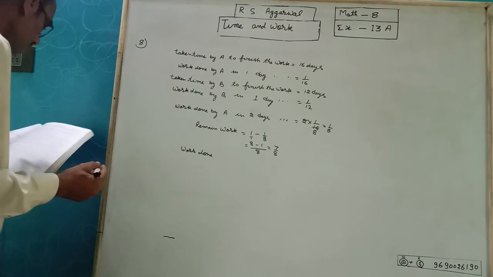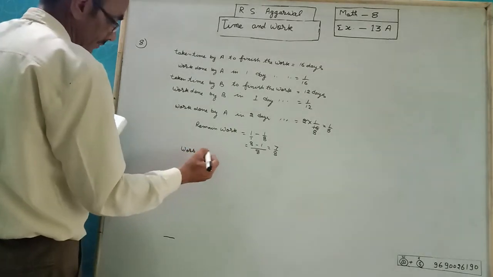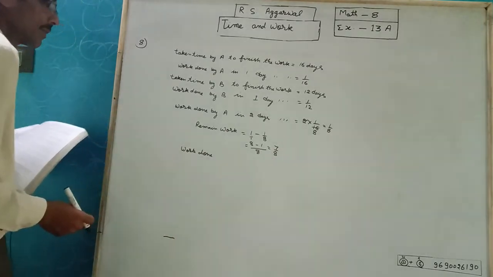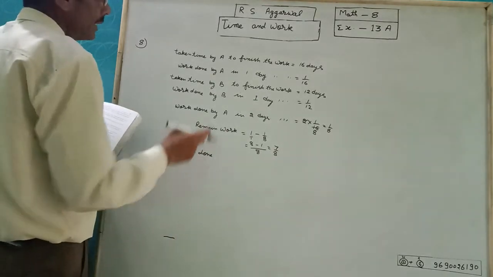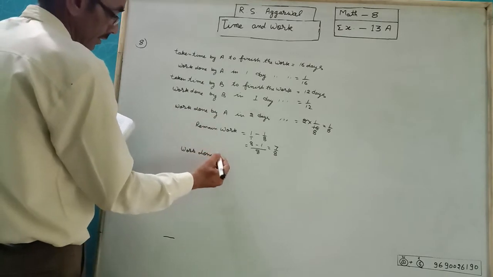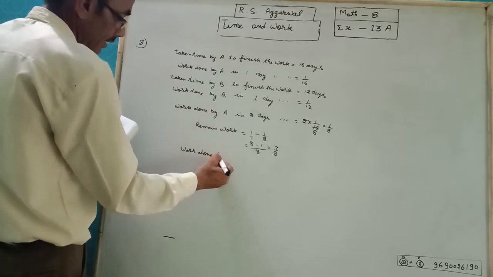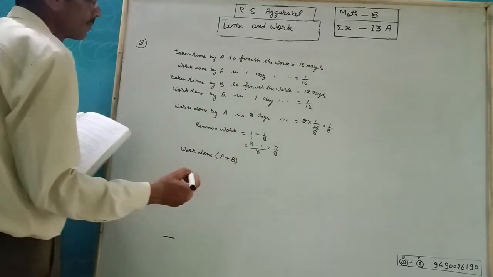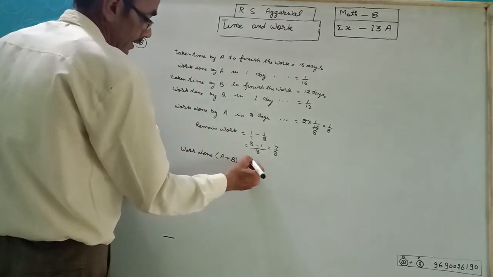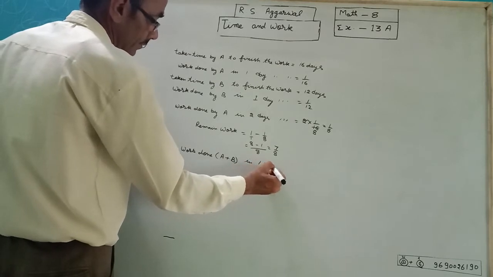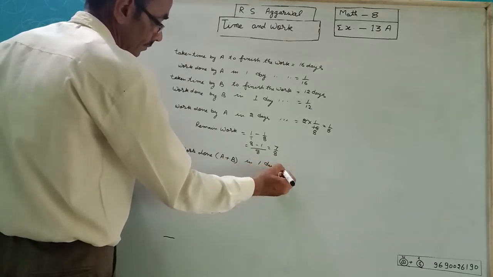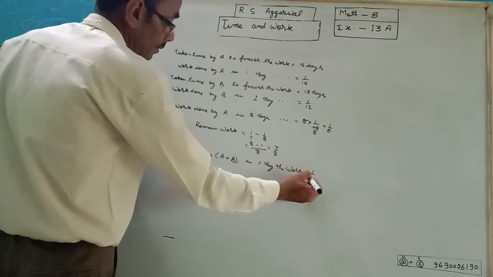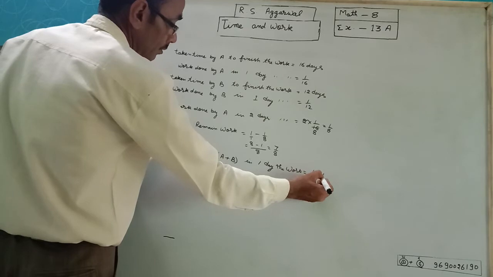After 2 days, B has joined. The rest of the remaining work can be done by A and B together. How many days work? A plus B in 1 day work is equal to 1/16 plus 1/12.